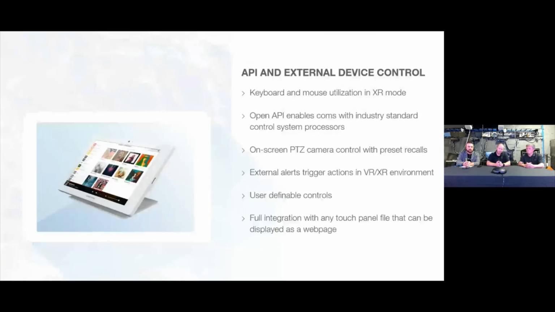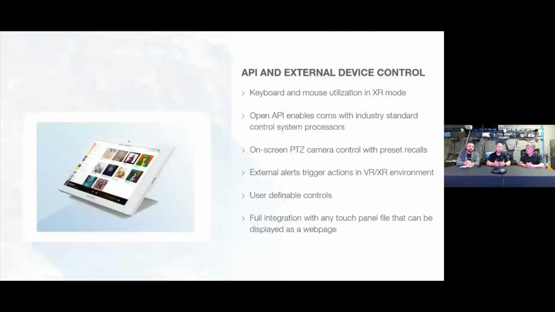And one other thing that's really compelling that we're super excited about is most control systems today are run off of touch panels, and most touch panels have some type of web browser-based control method. So you basically would enter the IP of that control system processor, and the same screen that would be on the touch panel would pop up on that web browser, and you would be able to control it from there.